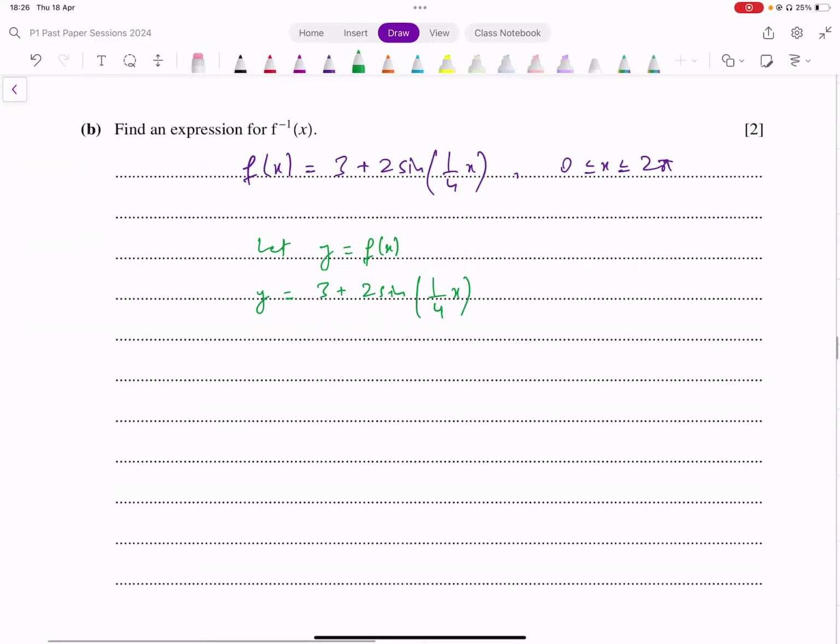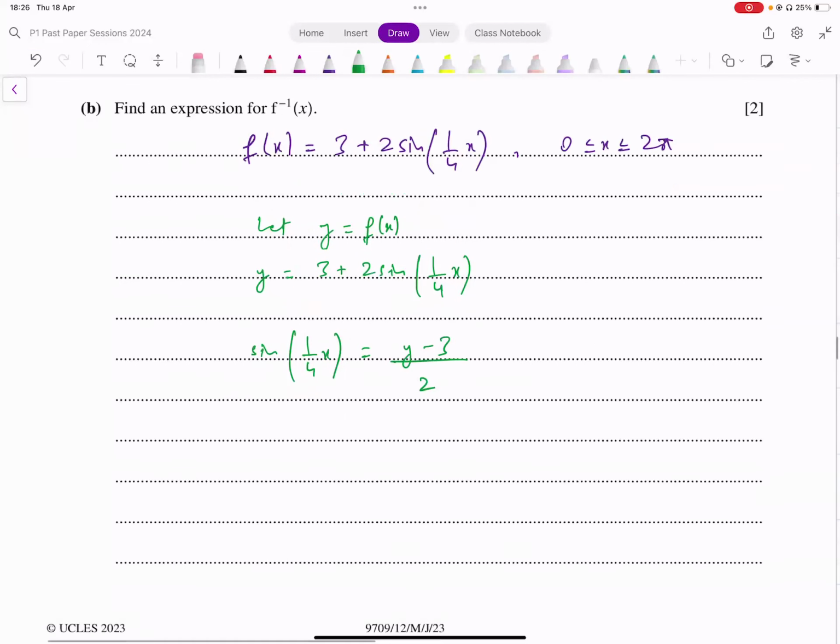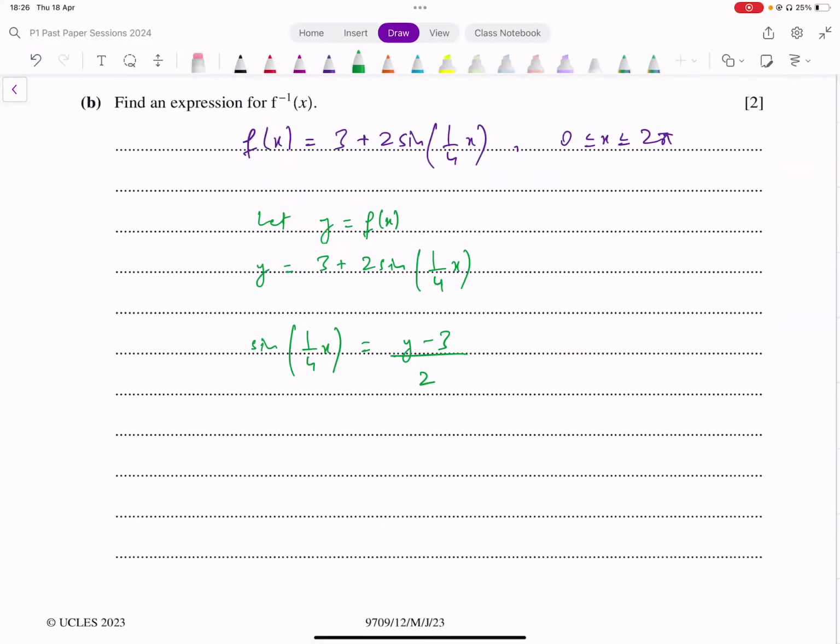And now you need to make x the subject. 3 goes to the other side and you get 2 sine of 1 over 4x equal to y minus 3. Divide by 2 on the other side, and that's going to give you sine of 1 over 4x equals y minus 3 over 2. Now take sine inverse. When sine goes to the other side, it becomes sine inverse, right?